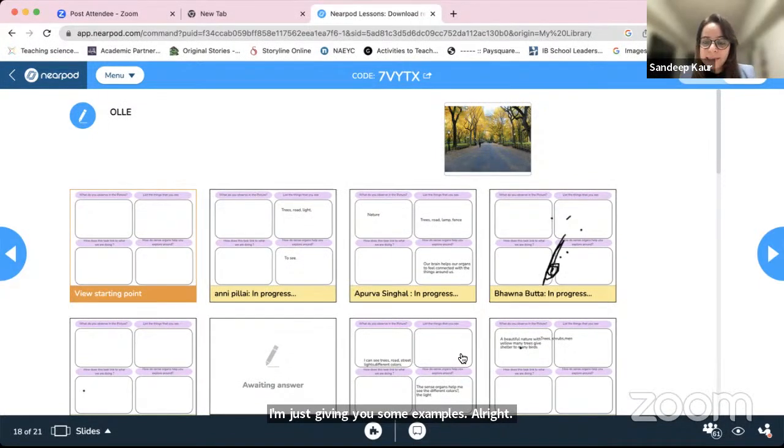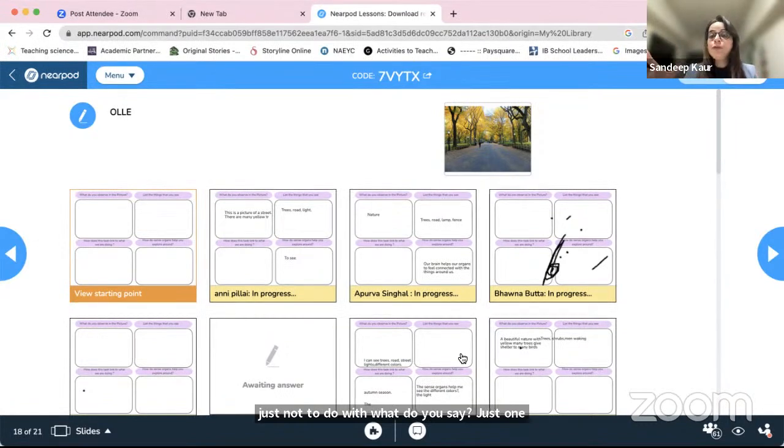Now, when I read, I see beautiful nature with trees, shrubs, yellow, many trees give shelter to many birds. So for that student, probably I would say, oh, well, this one knows how to write describing words. The child knows about shelter. The child is trying to build connections with habitats, birds. So this is not to do with just one topic.